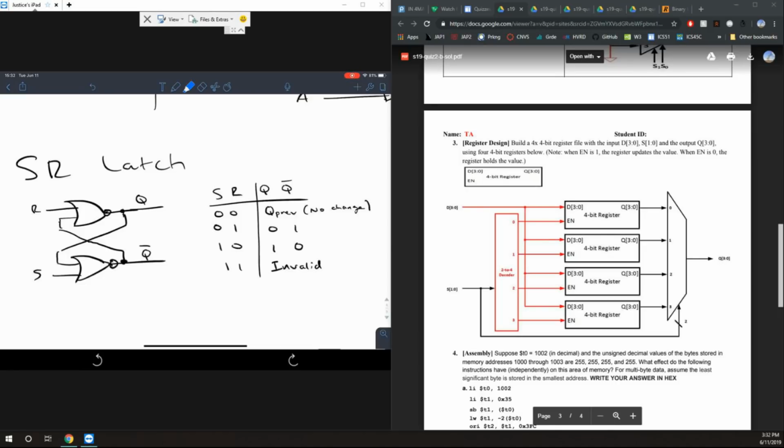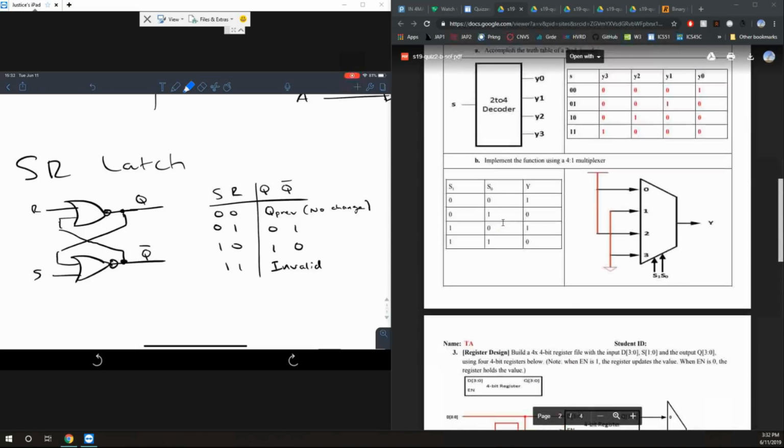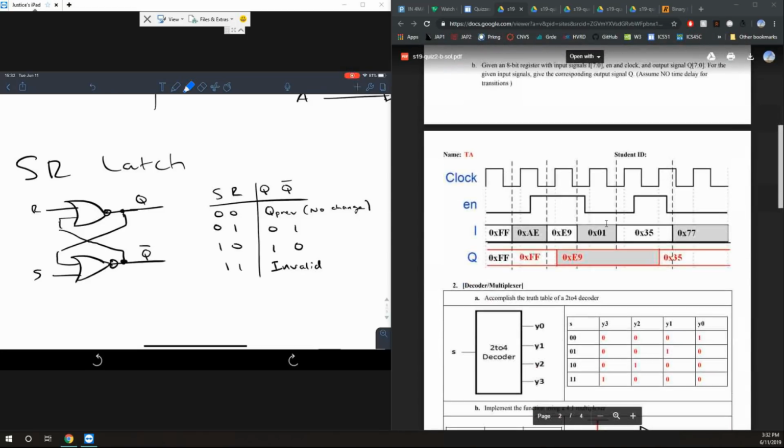It's a NOR, right? So it just says like if you're given an R, why'd the pointed one change? Was that even on the quiz? Oh, quiz question 1B. It didn't change. Is your question why did it not change?